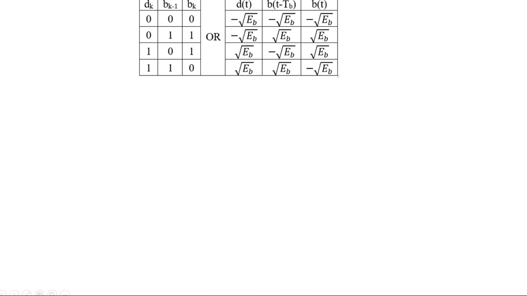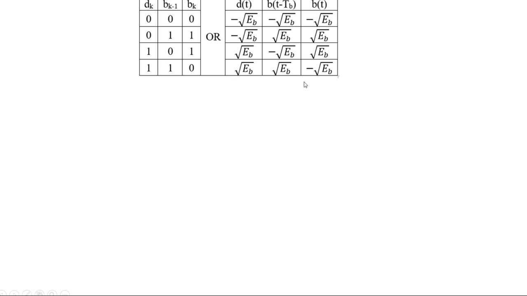So it will be the table of the XOR gate: 0 0 gives 0, 0 1 gives 1, 1 0 gives 1, and 1 1 gives 0. Or you can use the signal in terms of energy: minus EB and minus EB gives minus EB, minus EB and plus EB gives plus EB, and so on.